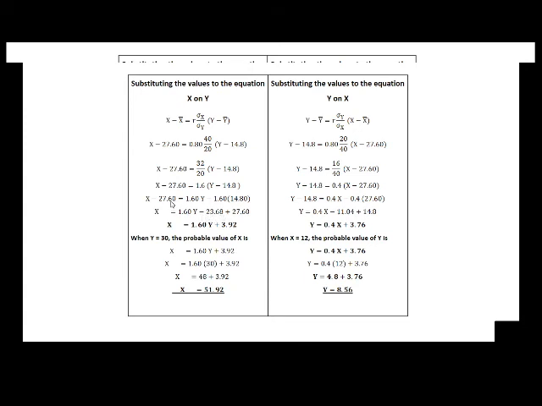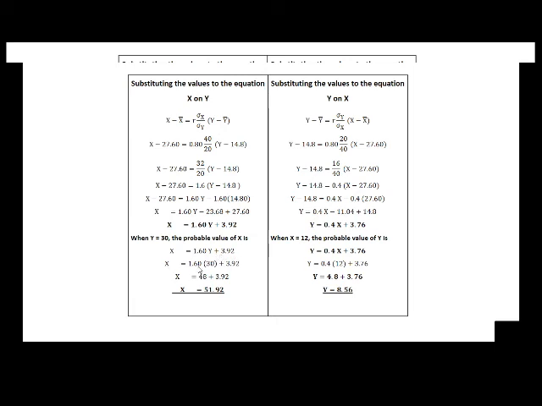Then shifting 27.60 to the other side, the final value of the x on y equation: x is equal to 1.60y plus 3.92.